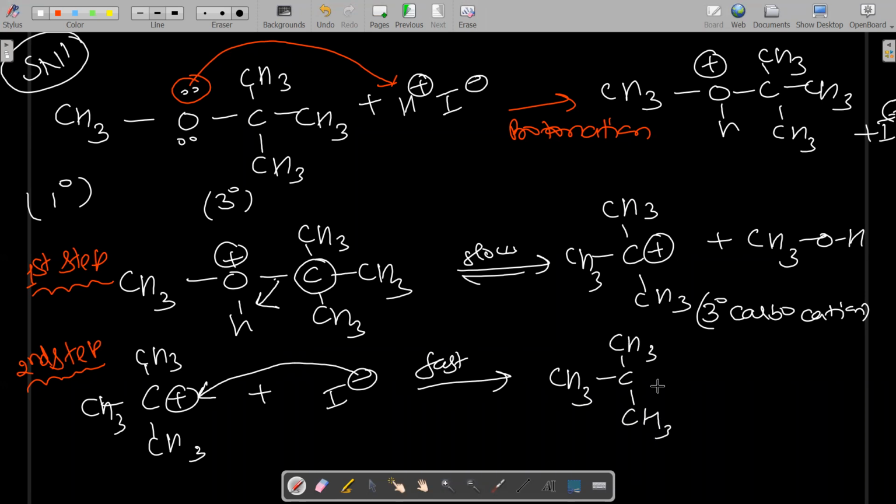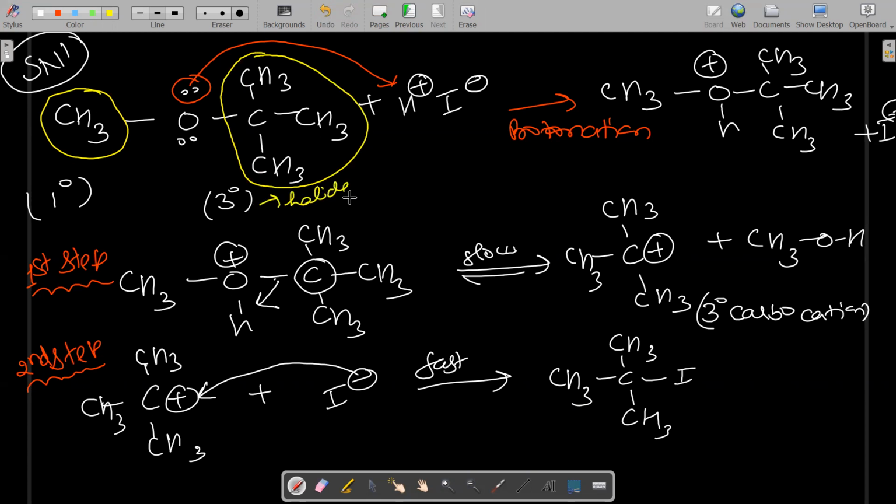Okay, but it is unsymmetrical carbons, we get this. So this is the reason that when alkyl groups are 1 degree and 3 degree, in this case the tertiary is converted to halide, that you can see over here, and the primary converts into what?